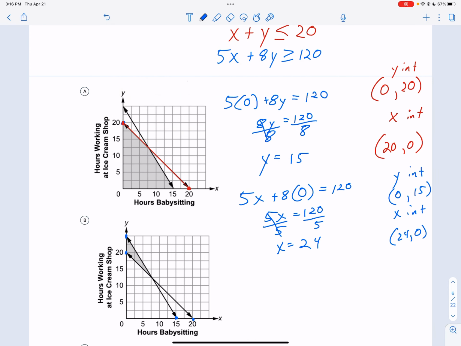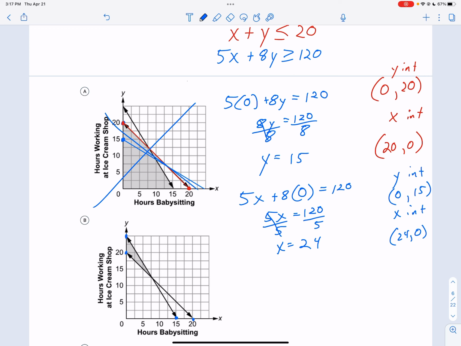Now let's look at my blue ones. Y-intercept, when x equals 0, y equals 15. Wait a second. That's not my boundary line for that. Well, x-intercept, when y equals 0, x equals 24. Oh, wait, uh-oh. This is the wrong graph.